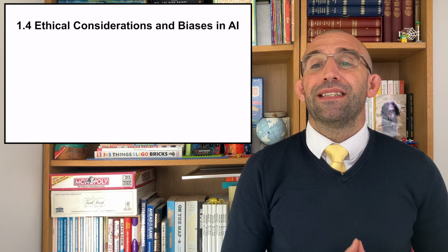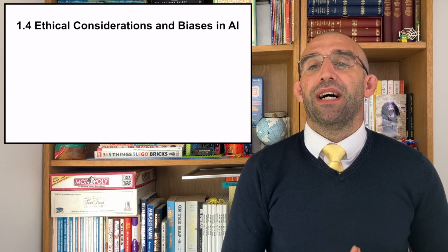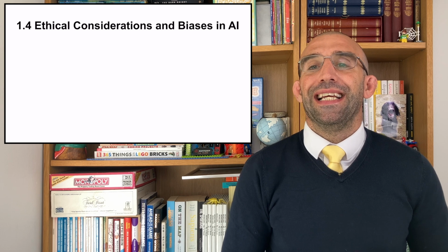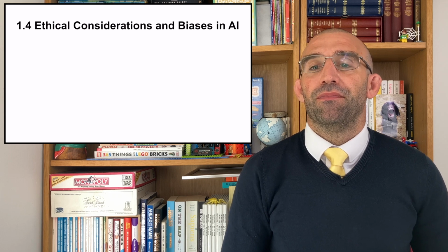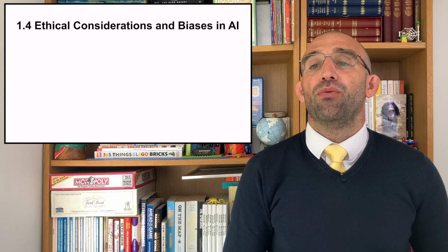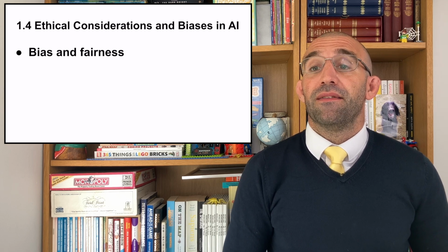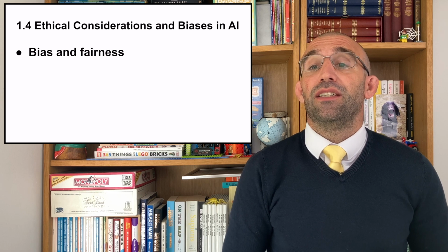As powerful as AI is, it's crucial to understand its limitations and potential pitfalls, especially in sensitive areas like education. The main ethical considerations revolve around, firstly, bias and fairness. AI learns from data sets it's trained on.